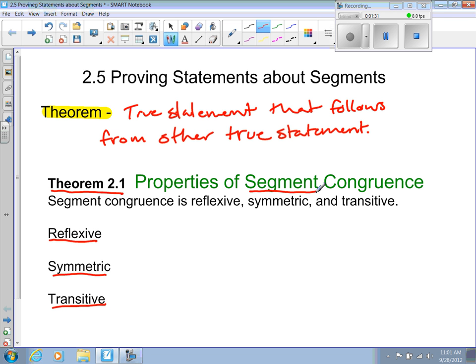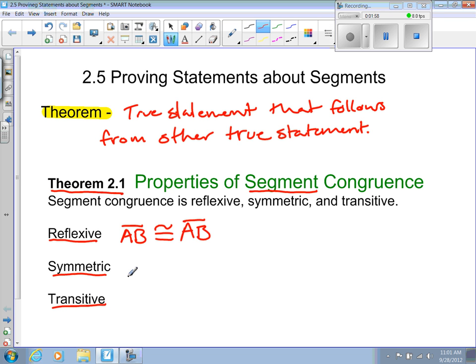They were this segment length equals this segment, or this angle measure equals that one, for segments now. For example, the reflexive property: I have segment AB. The difference now is the lines above. Other than that, it's pretty much the same. Segment AB is going to be congruent to segment AB. So that's true for any segment AB.